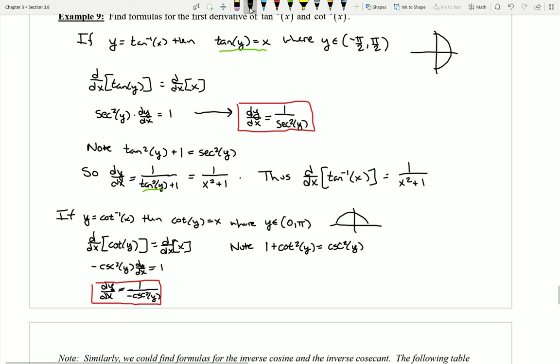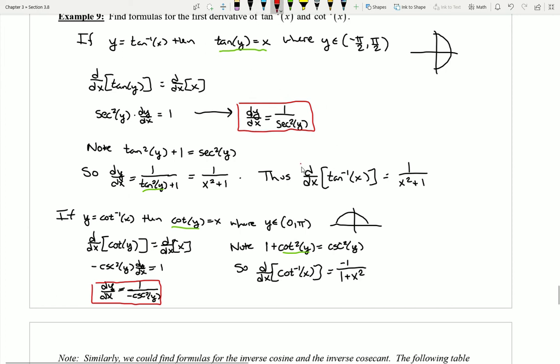Now if I use this, I can state that now my derivative for my inverse cotangent function is actually going to look like 1 over, let's see, I'm going to end up with a cosecant squared of y, but if I replace 1 plus cotangent squared of y in there, I'm going to bring that negative just up to the top to keep it out of the way. And if I put 1 plus cotangent squared of y on the bottom, and then recognize that cotangent of y is the same thing as x, I can actually write this denominator as 1 plus x squared.